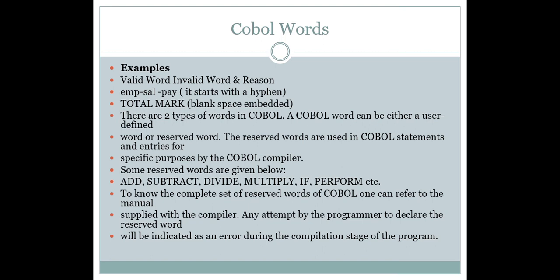There are two types of COBOL words. The first is the user-defined word, and the second is the reserved word. For user-defined words, the COBOL programmer or coder defines their own COBOL words, and those words we call user-defined words. The second one is the reserved word, which comes along with the programming language or programming environment.